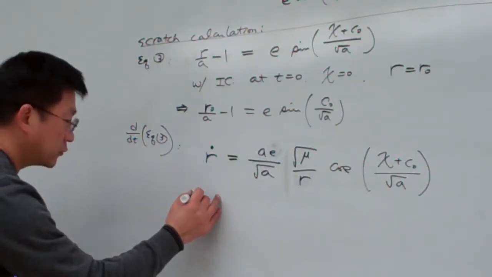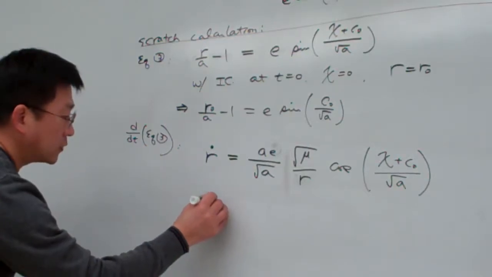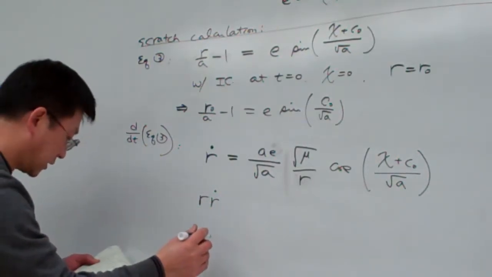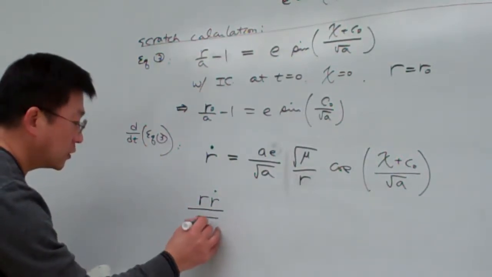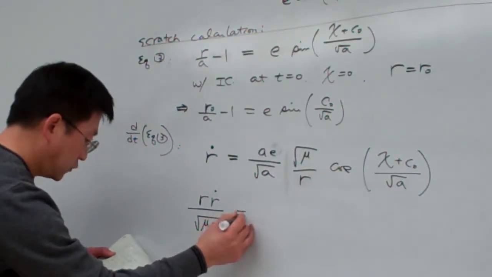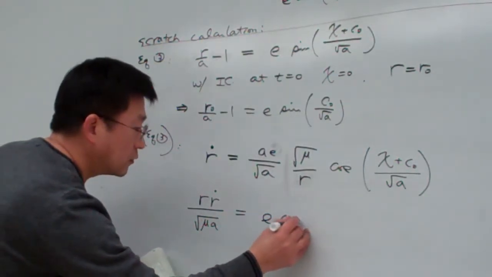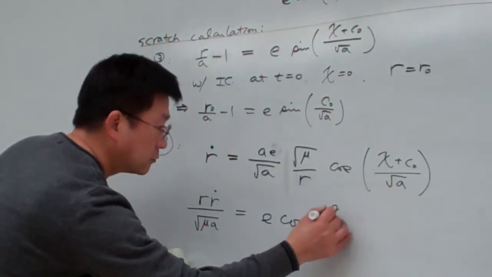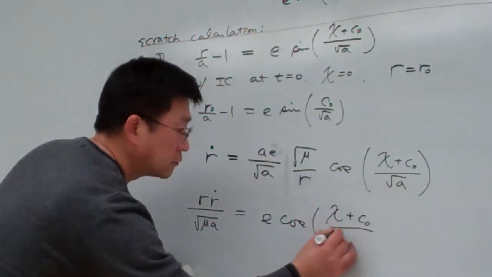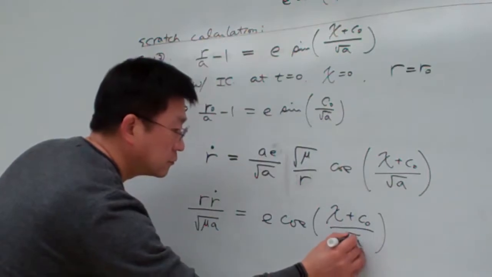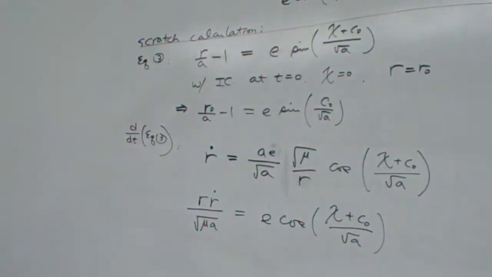Again, I skip a few detailed steps, but here let me take this one. We rearrange, and I multiply R with R dot on the opposite side and divide by square root of mu A. This is basically equal to E cosine C0. Okay.